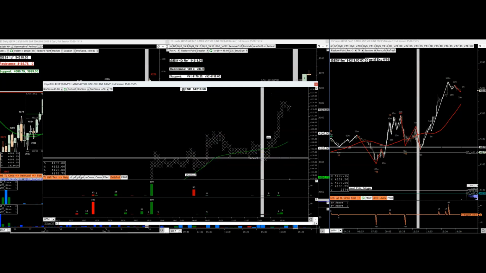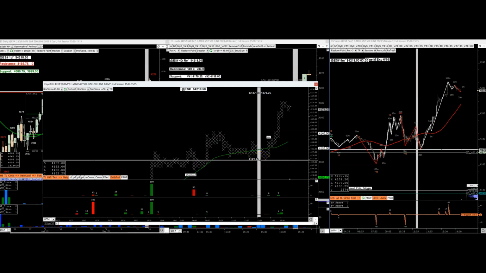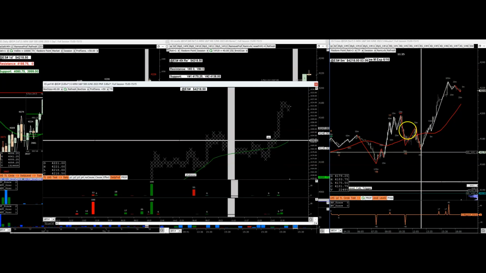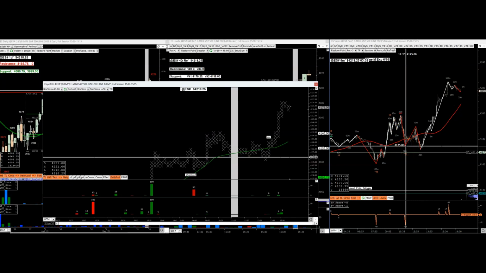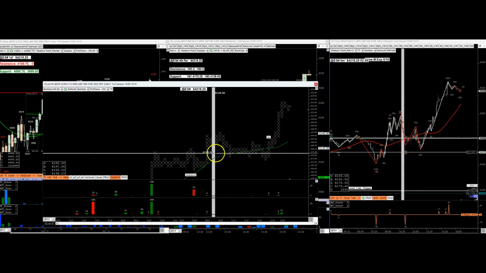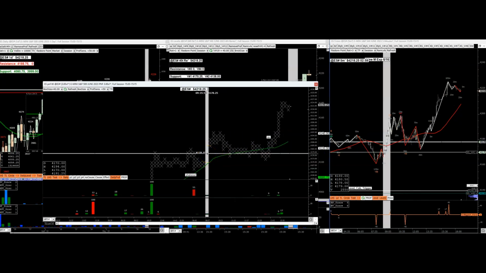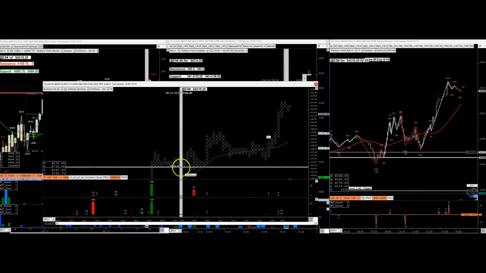That's why these charts need to be used in a way that makes sense. Some individuals can do it, but I think it gave so much clarity. If I was just looking at the bar chart, I would say, look, there's a shortening of the thrust, the biggest selling wave in a lot of waves. Maybe it's a short. But the point and figure chart said, hell no. Why? Too much of a base.